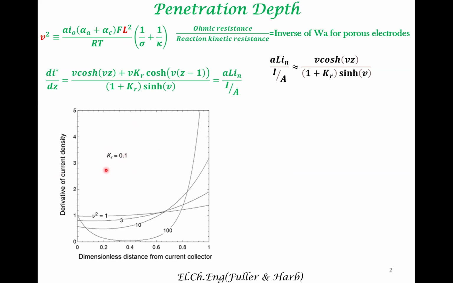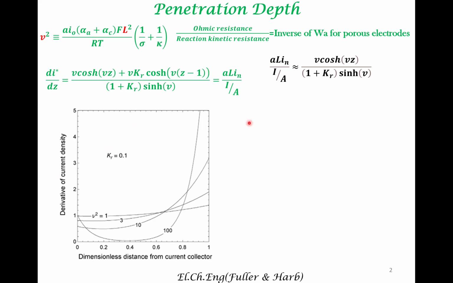So we plotted and we analyzed this data for small kappa r. For small kappa r, this term simplifies to this term. That is, you are neglecting this term, and this entire term is approximately equal to this term.